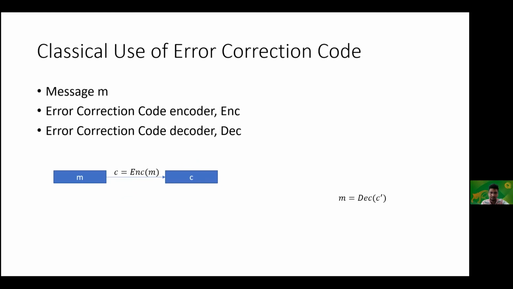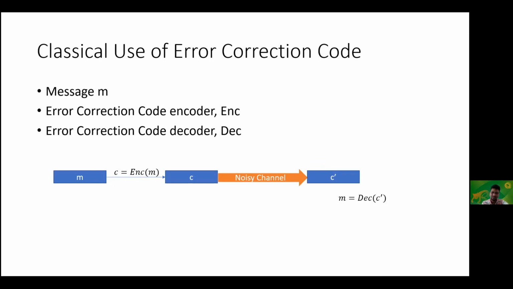So how would a classical error correction code work? You again have some message, and you create some kind of code. We don't call it a cipher because we are not using any key to compute it. You just take the message and encode it to a code word, and then send the code through the noisy channel.